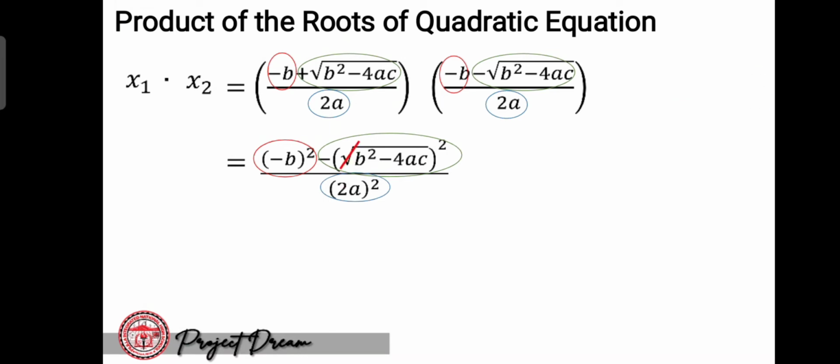Next, we will cancel the radical sign and the exponent, which is 2. So it becomes b squared minus b squared plus 4ac all over 4a squared.